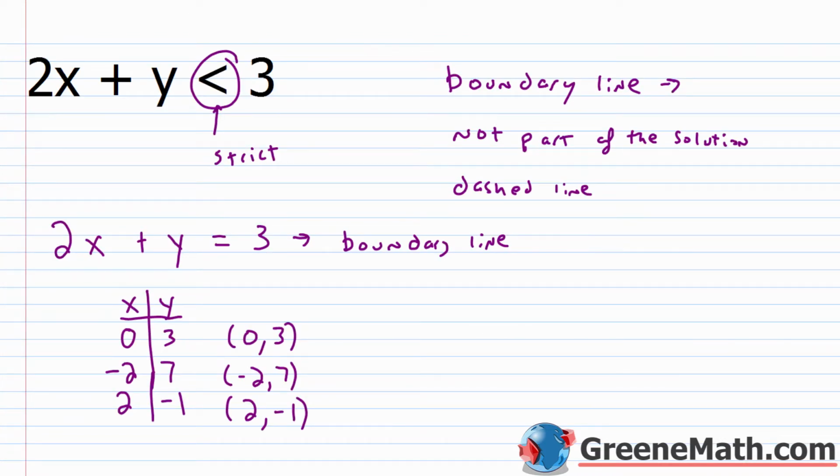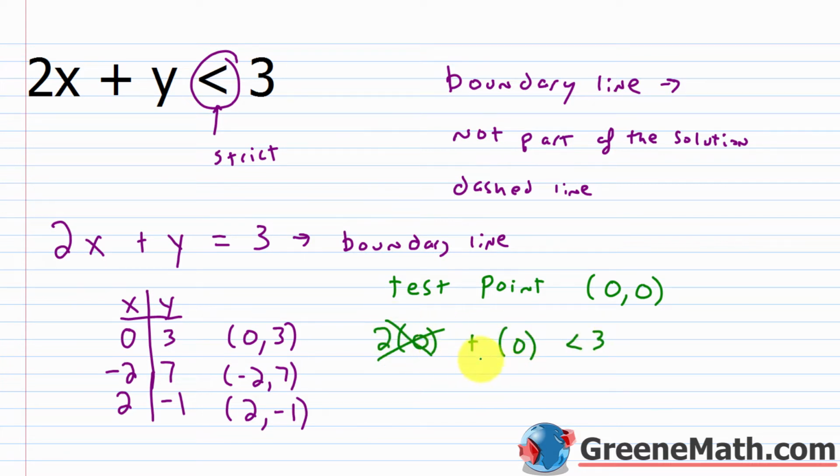So I go back up here, and I say my test point is (0, 0). So I just plug in. I say 2 times 0 plus 0 is less than 3. 2 times 0 is 0, so that's gone. Plus 0 is 0. So you get 0 is less than 3. That's true.